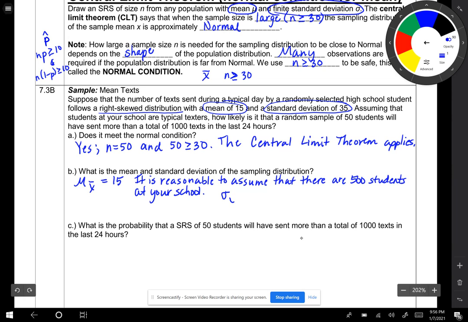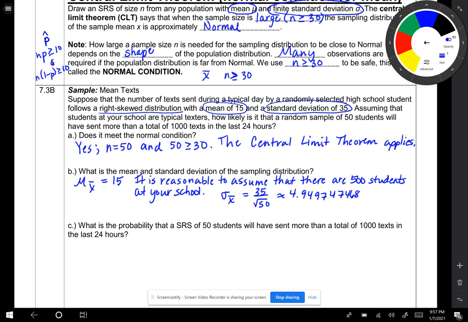So the standard deviation of the sampling distribution is equal to the standard deviation divided by the square root of the sample size, which is square root of 50. And when I do the calculations, I get 4.949747468. And again, I use all these digits to minimize our rounding error.